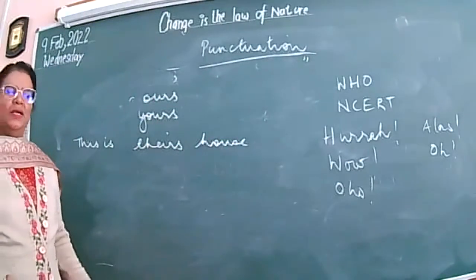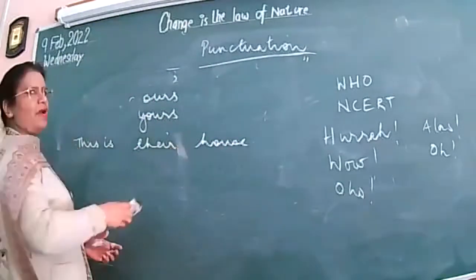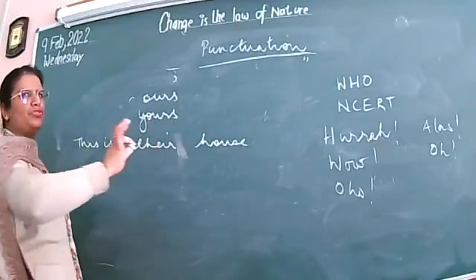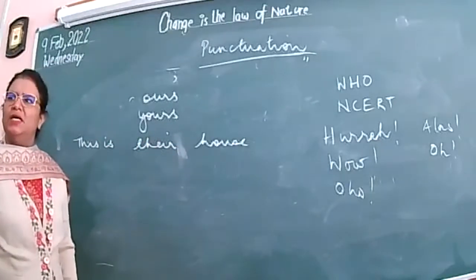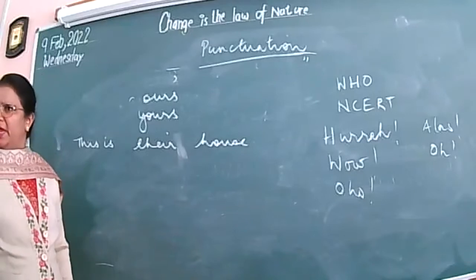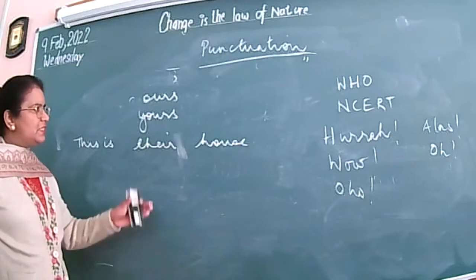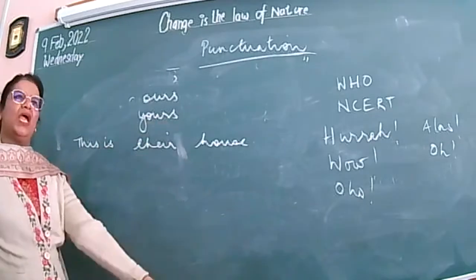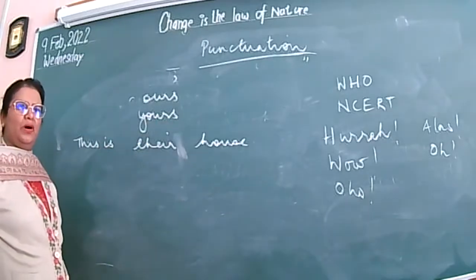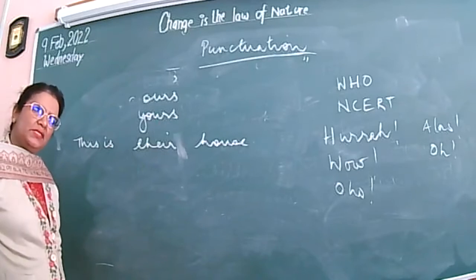It's wrong. This is their house. I will not even use the apostrophe s. I will not even put the apostrophe. Okay, right? Yes, this house is theirs. Even this is their house also. And of course, where I use that word will also determine it.